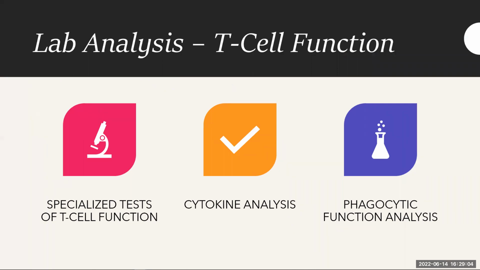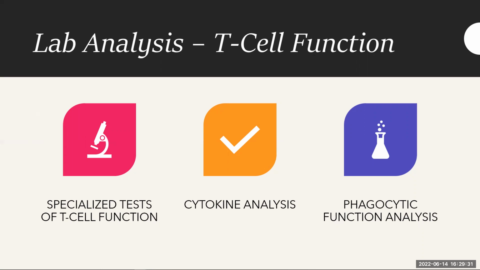So T cell functions, in terms of more specialized tests, right? These include an assessment of lymphocyte proliferation, notwithstanding the skin test. You could do an assessment of lymphocyte proliferation in response to non-specific mitogens. And you could do specific antigens and or mononuclear cells from an unrelated histoincompatible individual.